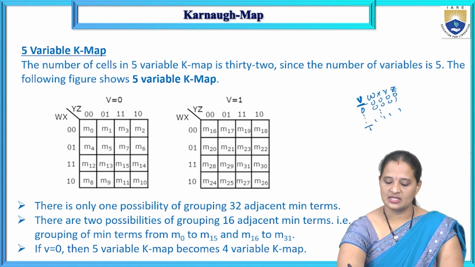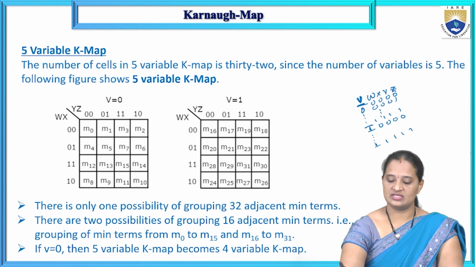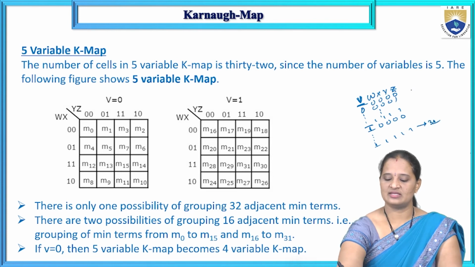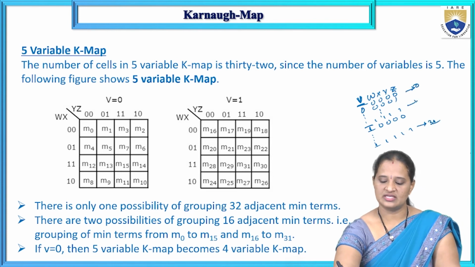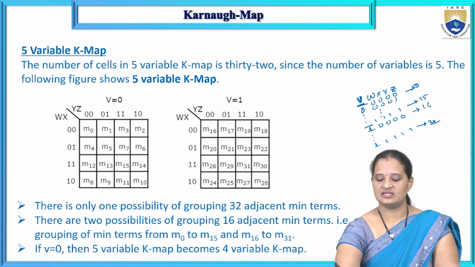After this, the V value becomes 1, and again these values start from 0 and so on, up to 1, 1, 1, 1, 1. So this is nothing but 31, whereas this is nothing but 0. This is 15 and this is 16.